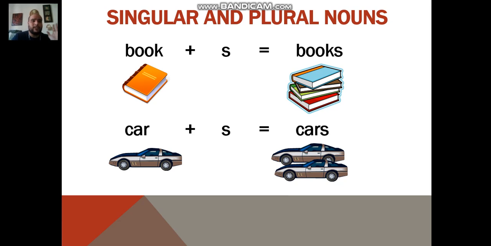For that, please pay attention to teacher. So book plus S is going to be books, okay? We have explained that singular is derived from the noun single, which means one, one book, and plural is derived from the noun plus, which means more than. So books, more than one book. Cars, more than one car.